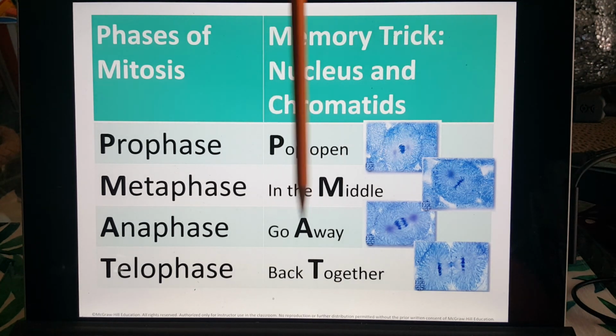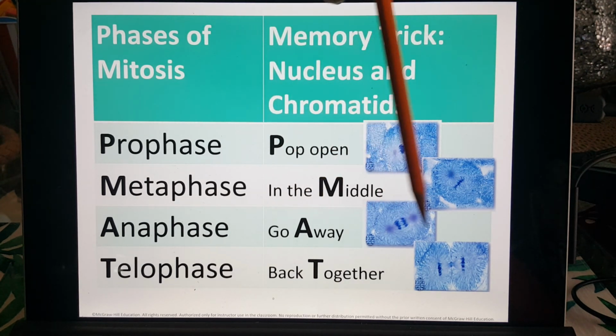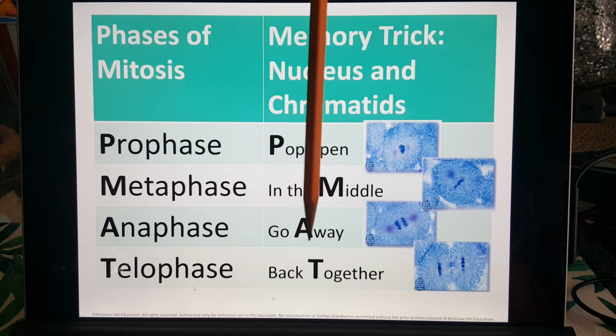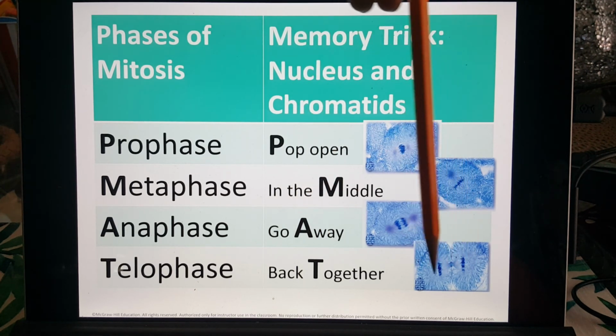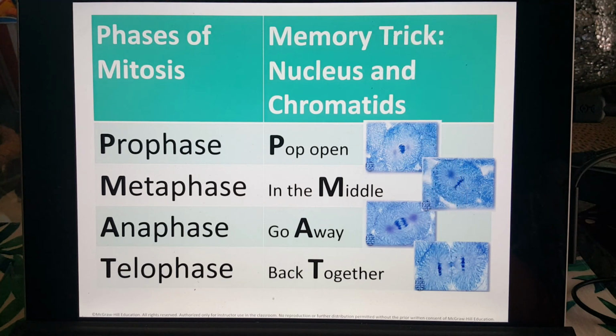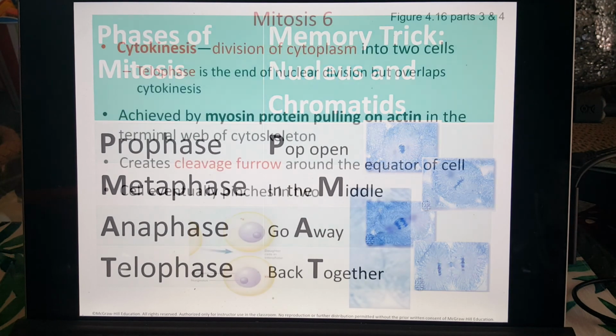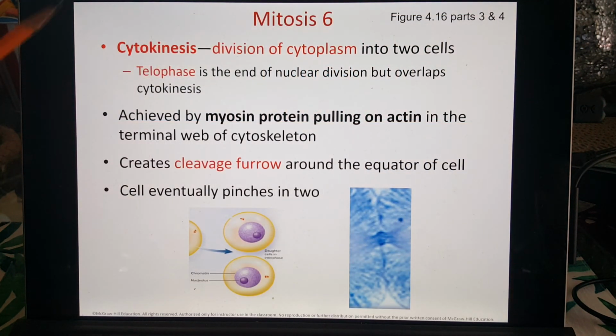A, go away. So we're splitting our sister chromatids to our two different sides. And the last one, telophase, back together. So putting everything back together, putting our nucleus back together, getting everything organized to our final phase where we clip off, and that is cytokinesis.